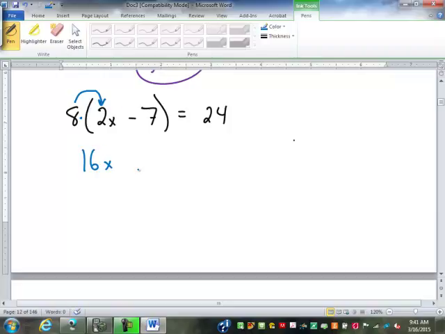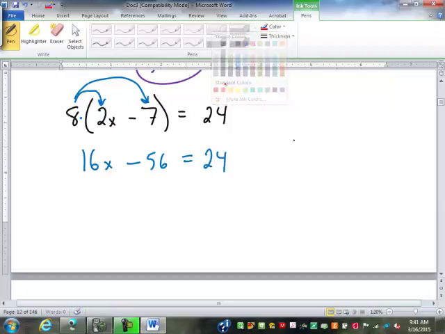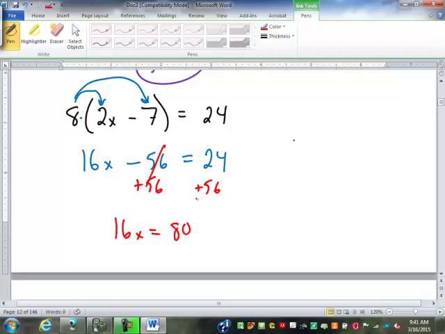That just stays an x. 8 times a negative 7, negative 56. So now, add 56. So you've got the 16x over here equals 80. And then divide by 16. Very good. X equals 5.